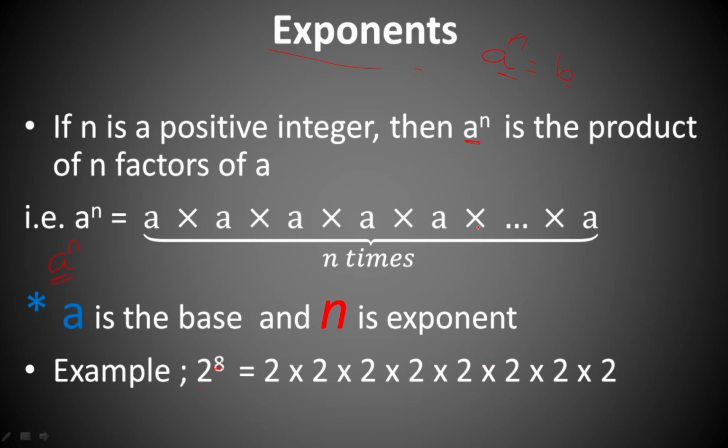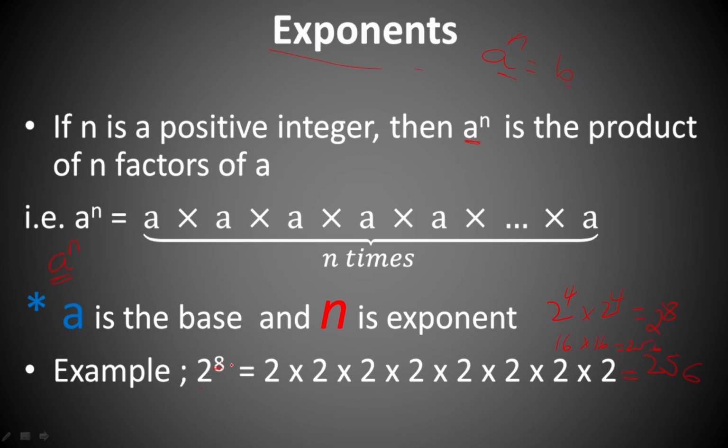So finally it is equivalent to 256, right? Because we know that 2 to the power of 4 times 2 to the power of 4 is equivalent to 2 to the power of 8, which means 16 times 16 is 256.